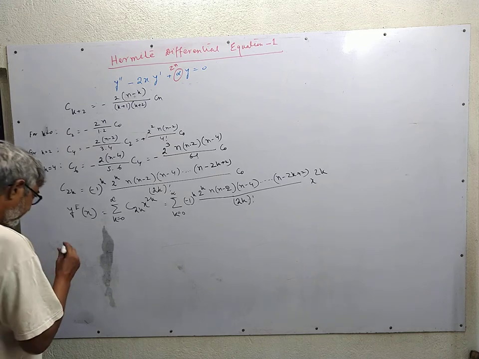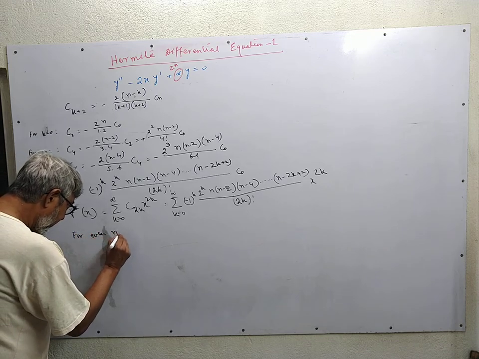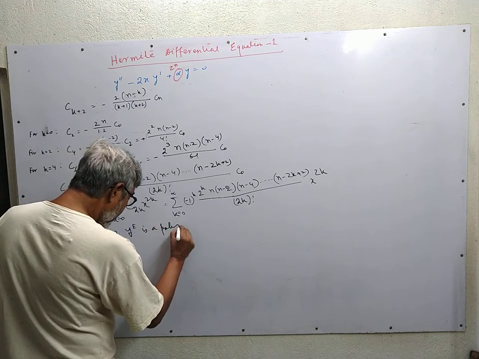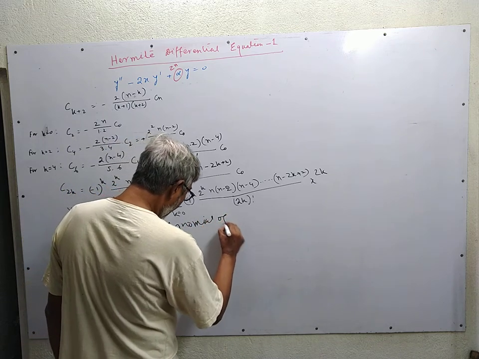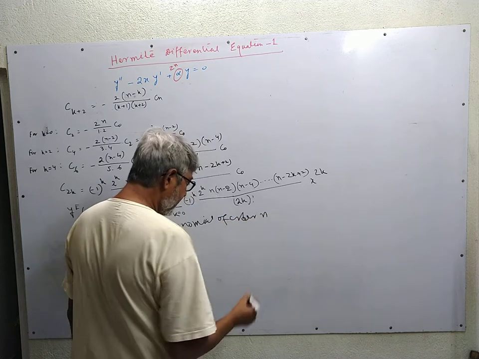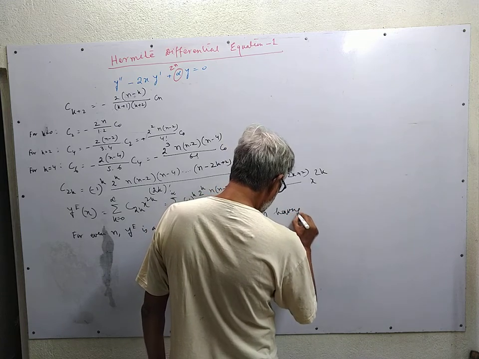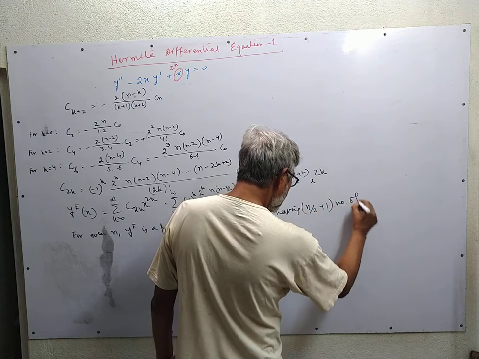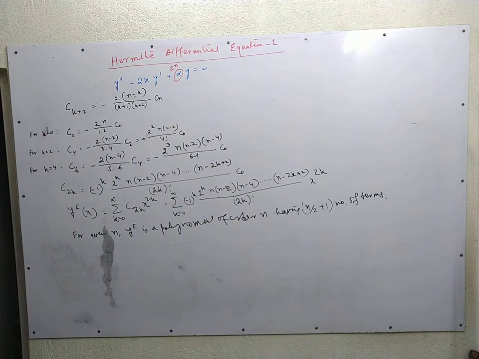So for even n, y even is a polynomial of order n having n by 2 plus 1 number of terms, just like in the case of Legendre polynomial.